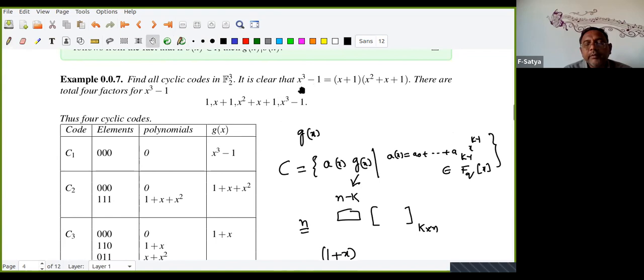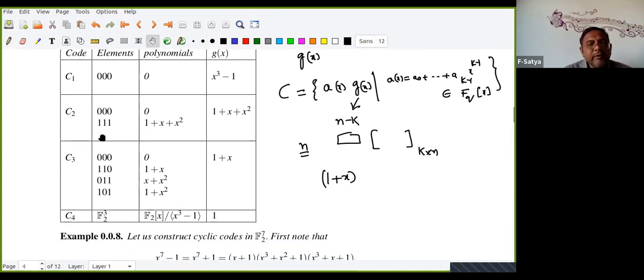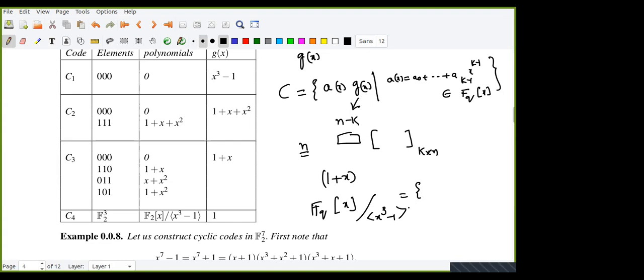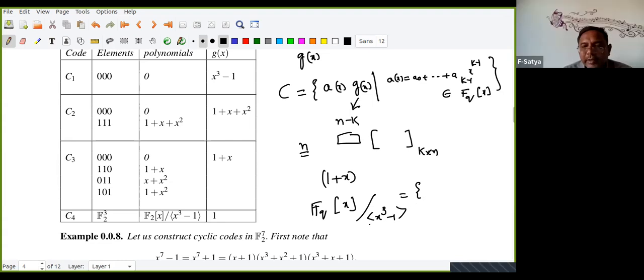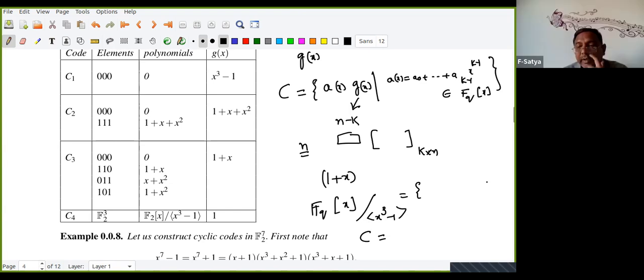When I quotient with x cube minus 1, what does F2[x] look like? What does this set contain? It is the set of all quadratic polynomials, correct?